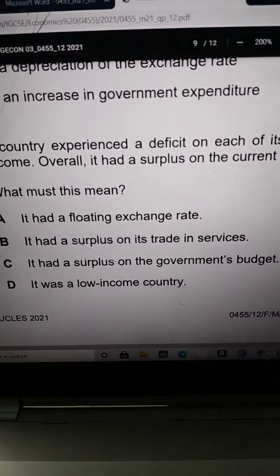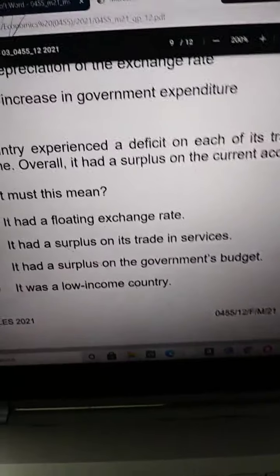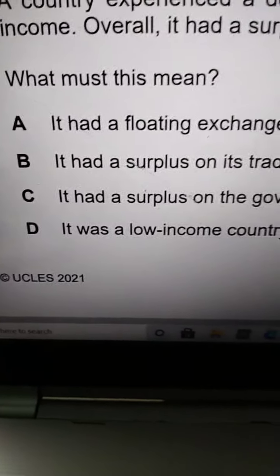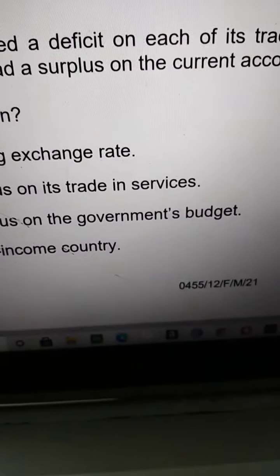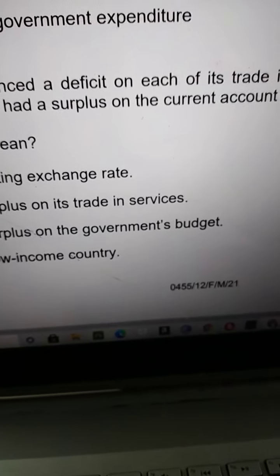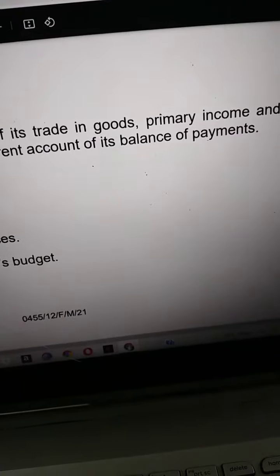So they must be having a great surplus in services, so that the overall scenario is such that they are having a surplus on the current account. Now we pick option B. It had a surplus on its trade in services. That surplus is so heavy that it is basically balancing out the deficits which were there in the other three components. So your answer is B.